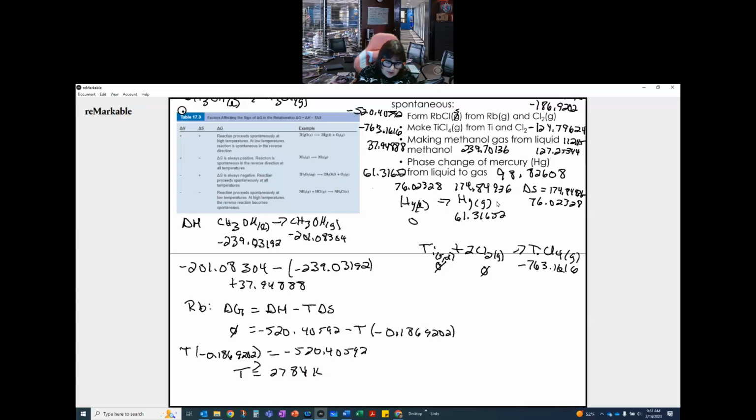Okay. So I'm going to do one more, and I'm going to do the TI, this last one right here, for that. And so we're looking at, again, delta G 0 equal to delta H, 61.31652 minus T delta S, negative 98.82608.